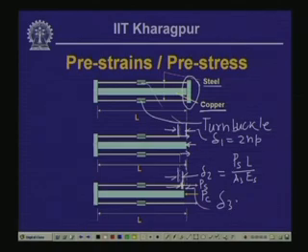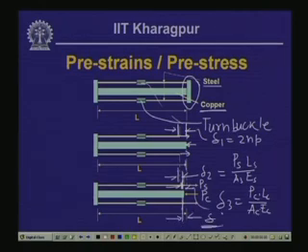This delta 3 is equal to Pc times L by Ac times Ec, with Lc and Ls as the respective lengths. The final deformation from the original length to this particular length is delta 3, which is equal to delta 1 minus delta 2. So, we can write the condition that delta 1 minus delta 2 is equal to delta 3.